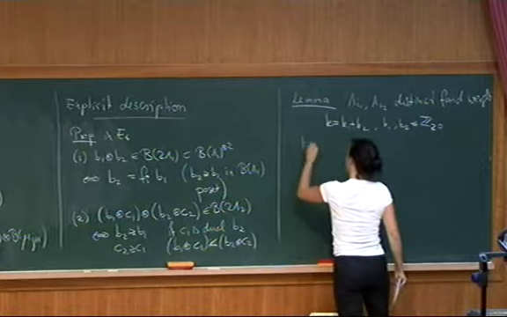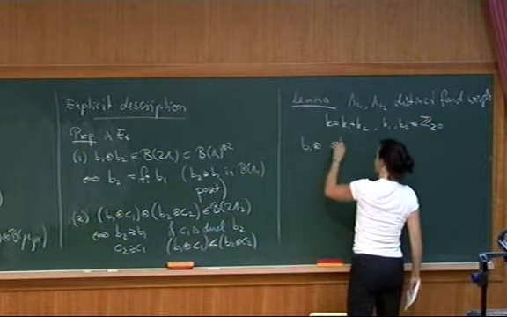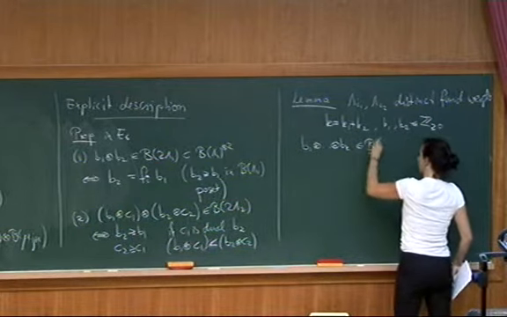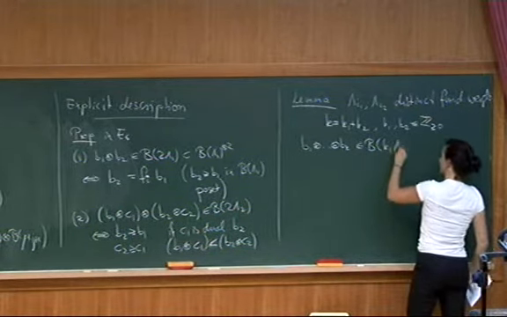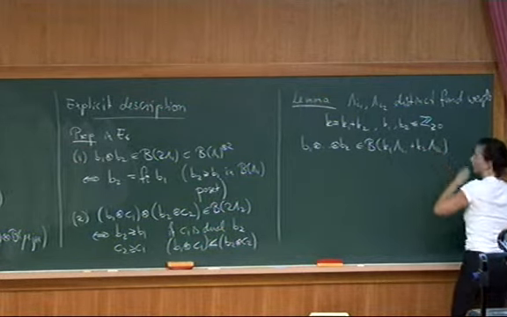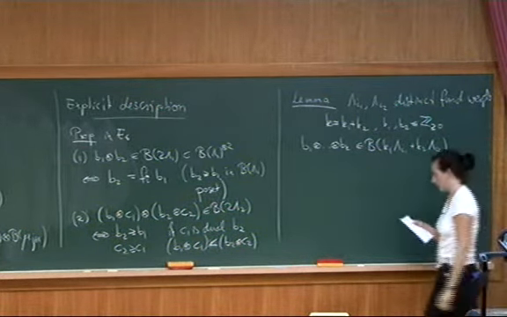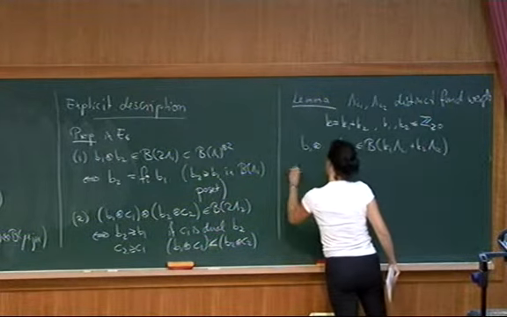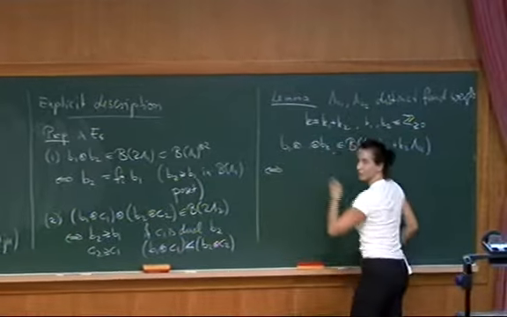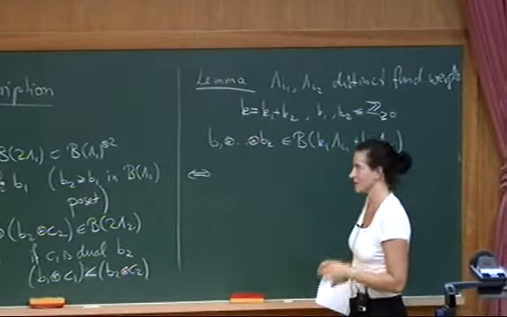Then B1 tensor up to BK is in fact an element of B of k1 lambda i1 plus k2 lambda i2. It sits in here if and only if this guy here is pairwise weakly increasing.